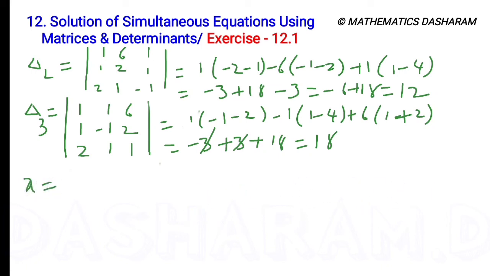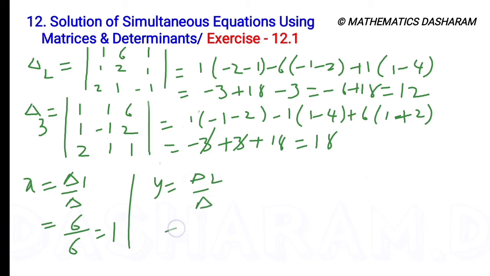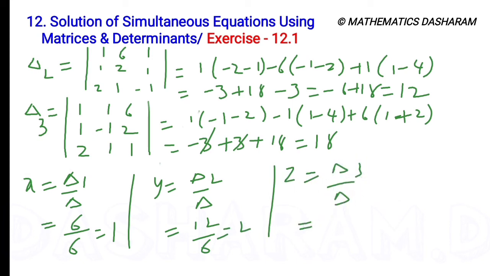X equals delta 1 divided by delta, 6 and delta also 6, so it equals 1. Next, y equals delta 2 divided by delta, so delta 2 is 12 and delta is 6, it equals 2. Z equals delta 3 divided by delta, so delta 3 is 18 divided by 6, which is 3.